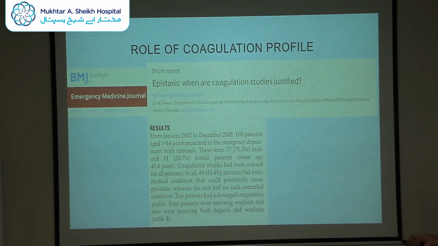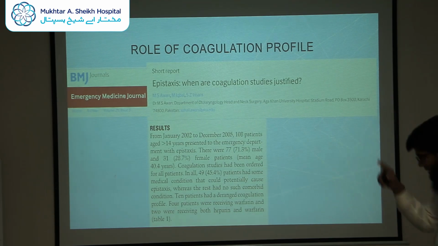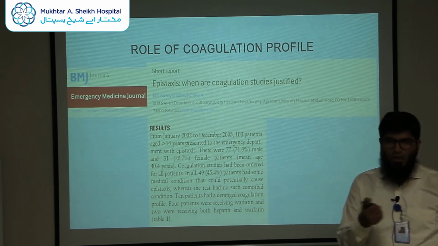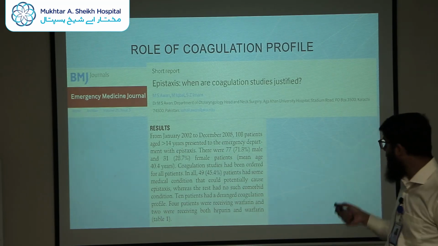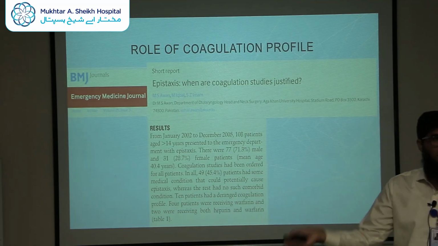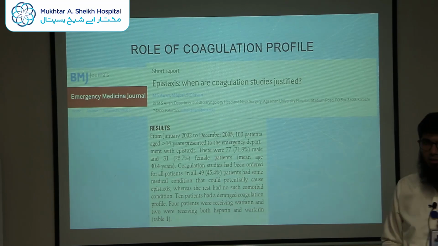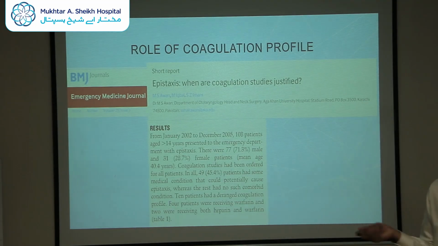They did a retrospective study to see if coagulation disorders were present in those patients who had epistaxis, and the gist of the study was that only in those patients who were taking anticoagulation were these studies useful. In all other patients, they were not useful. Most of the patients did not have a deranged coagulation profile with epistaxis.